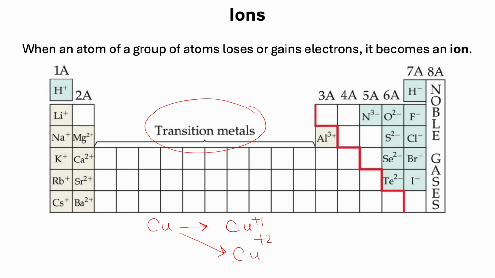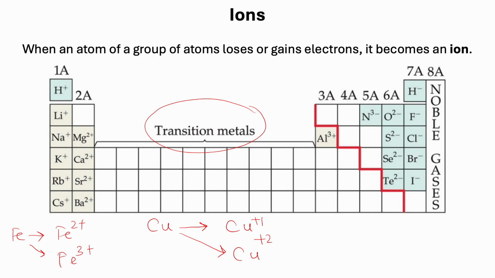Another example, iron. Iron can remove 2 electrons to make iron 2+, as well as by removing 3 electrons iron can make 3+. So this is different from the main group elements.